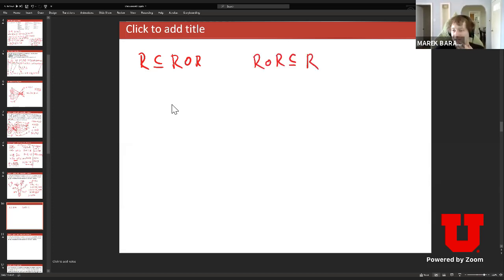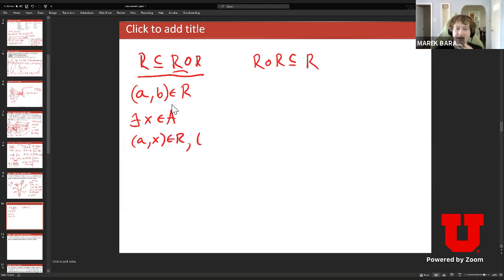Actually, I guess I am doing an element-wise proof. So for this one, let's assume that we have A, B is in R, right? So what we need to find to show this one is that there exists an X in A such that AX is in R and XB is in R.